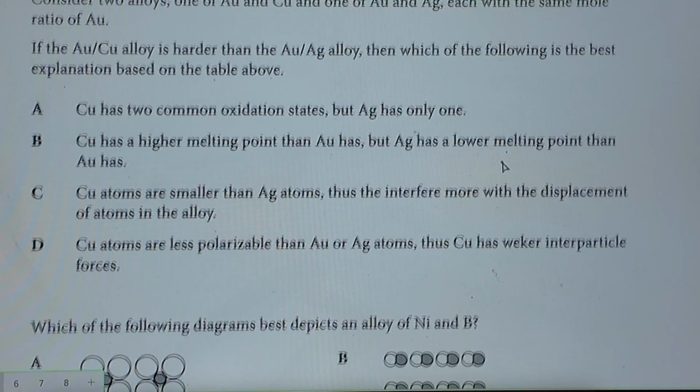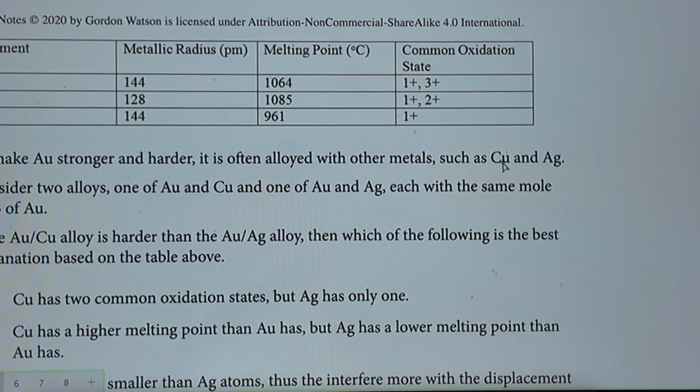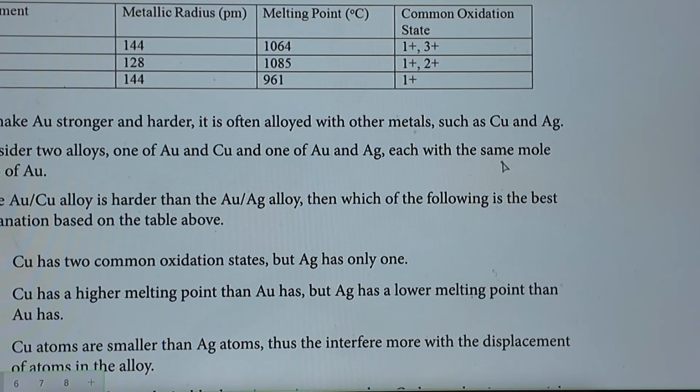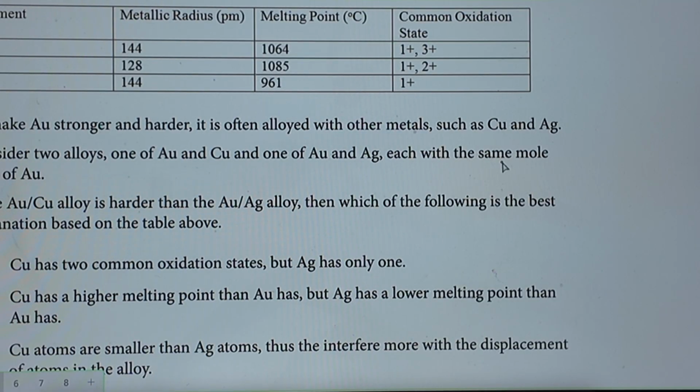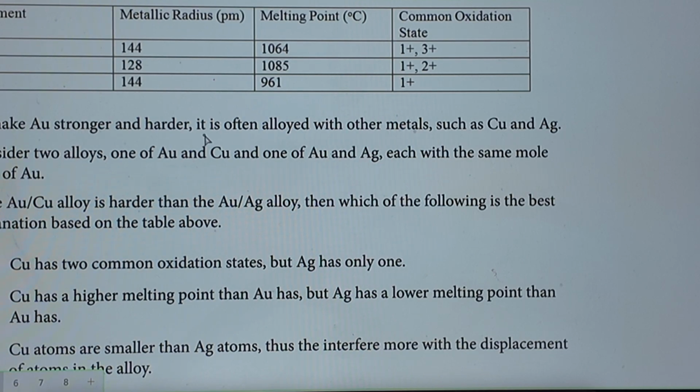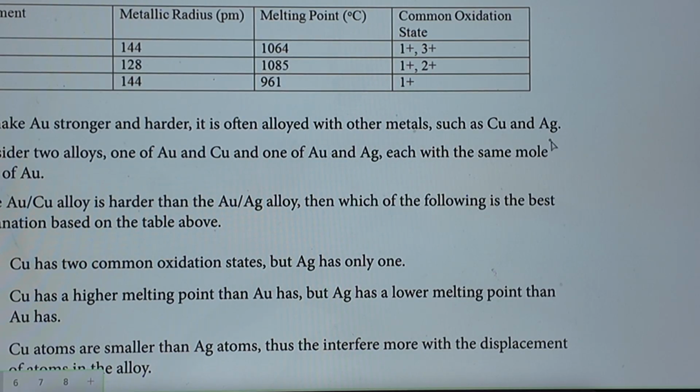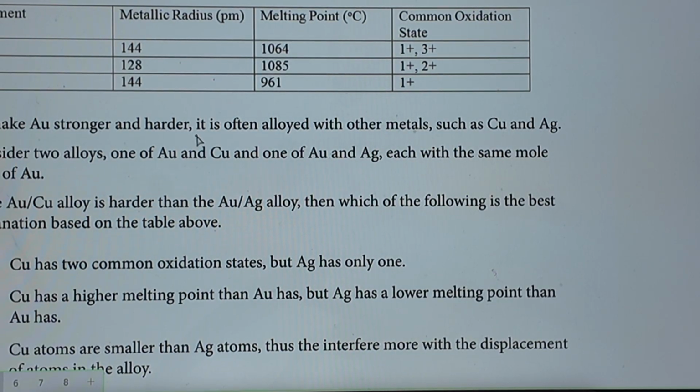Okay, question number 5, or 4, I should say. It says the elements are gold, copper, silver, and these are their radius. This is their melting point. This is their common oxidation state. To make gold stronger and harder, it is often alloyed with other metals such as copper and silver. And this makes sense when you buy gold chains.